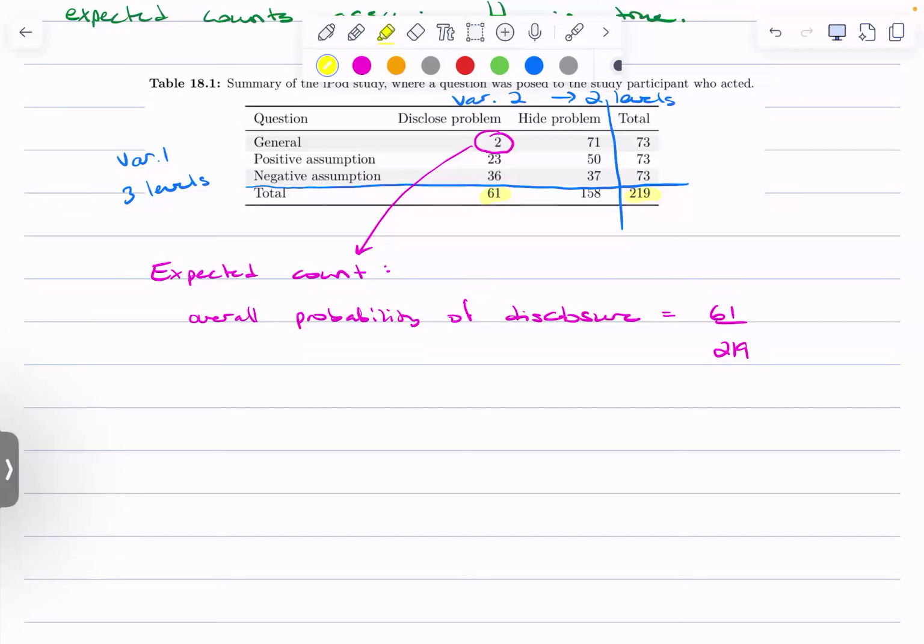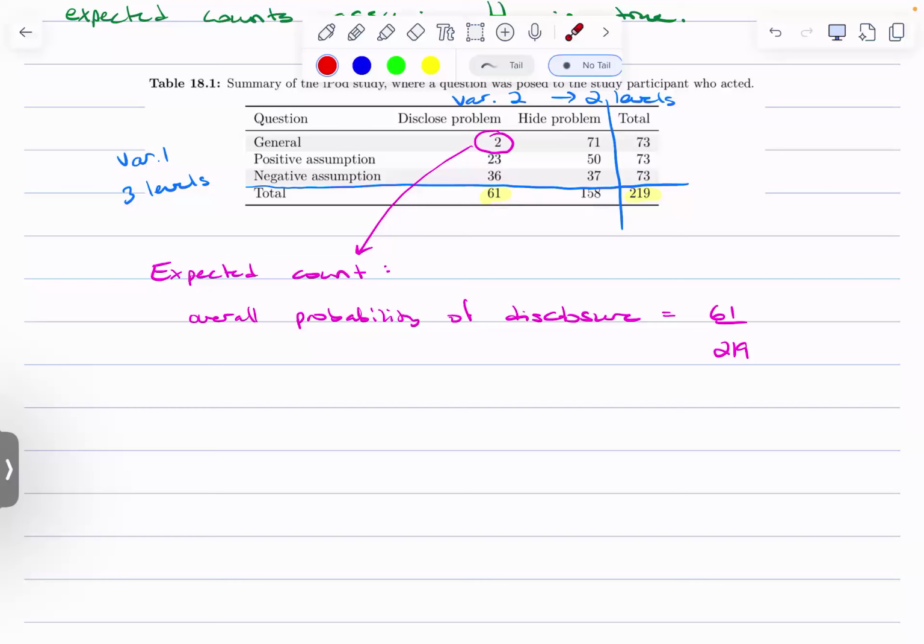If we ignore the question type, then 61 out of 219 disclose the problem, which is not the same as 158 out of 219. So I'm expecting a smaller proportion or percentage of people to disclose the problem.